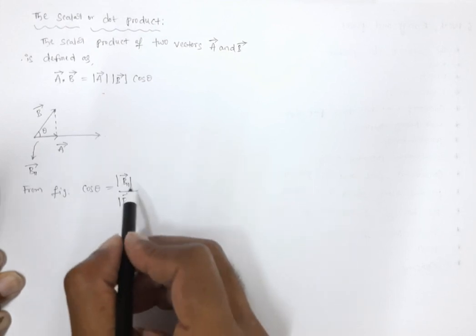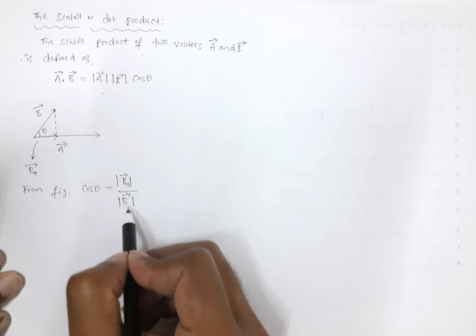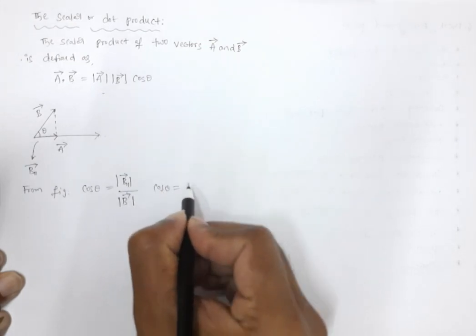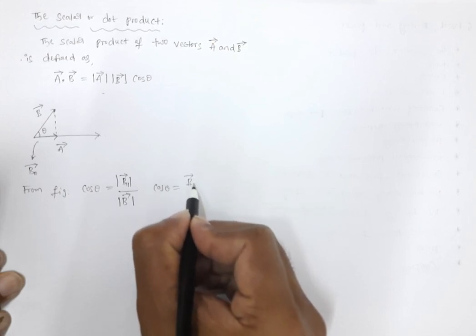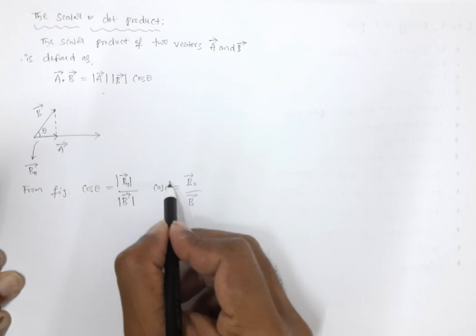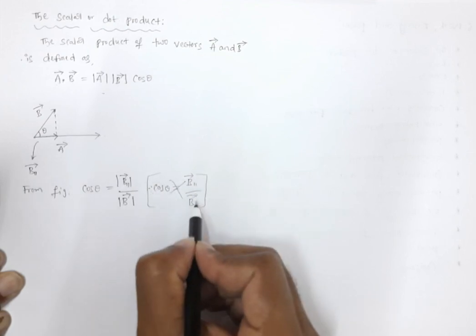But we are not supposed to write B parallel bar by B bar. Vector division is not defined. Remember, we are not supposed to divide two vectors like this.